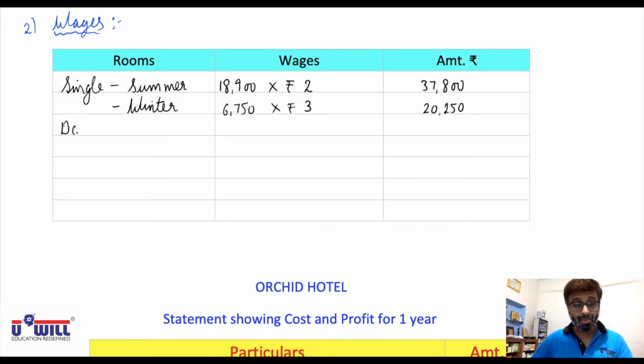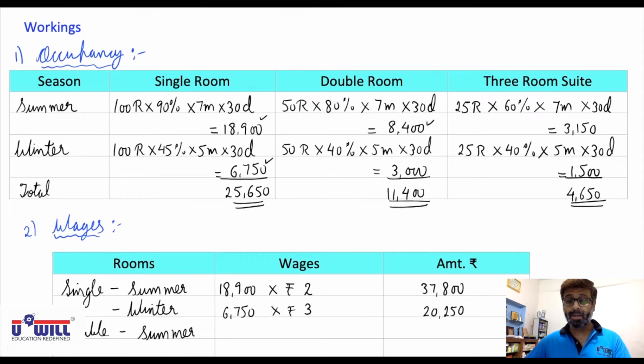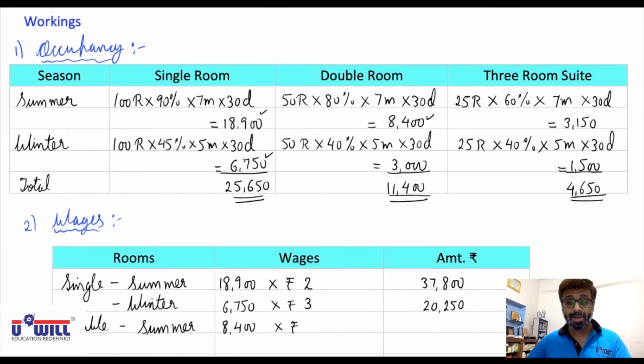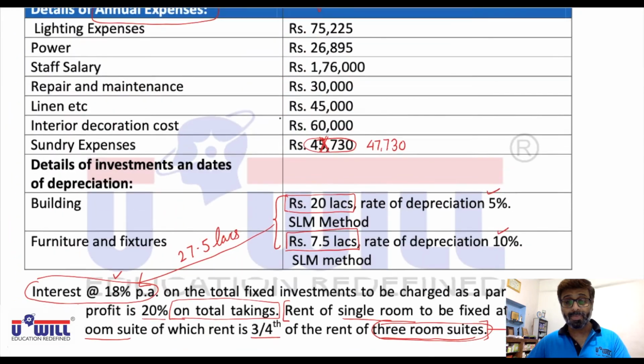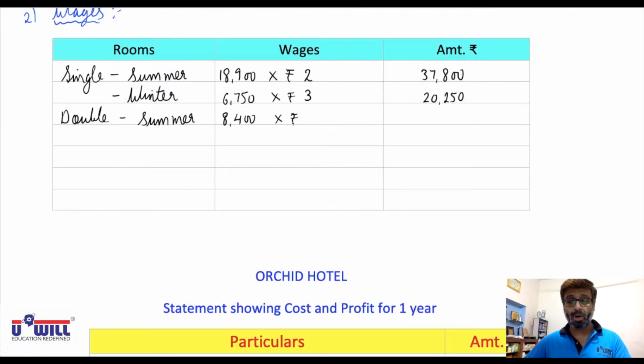Now for double rooms in summer, 8,400 rooms go on rent, which is already multiplied with the number of days. So the factor of number of days is already included in 8,400. Simply multiply with 3 rupees, the double room rate for summer.